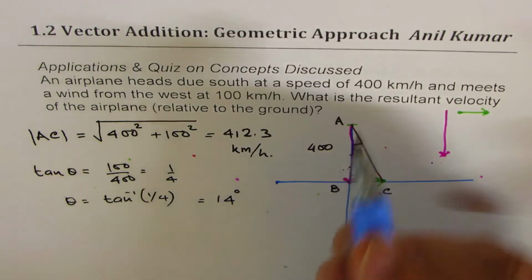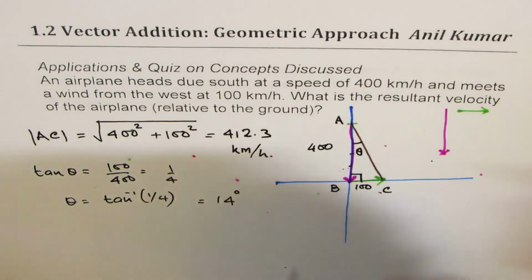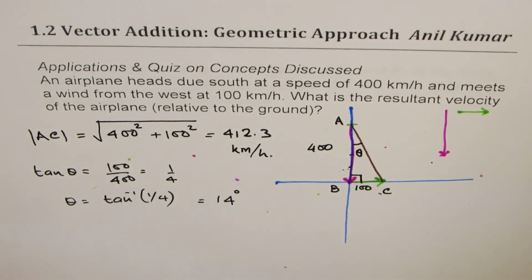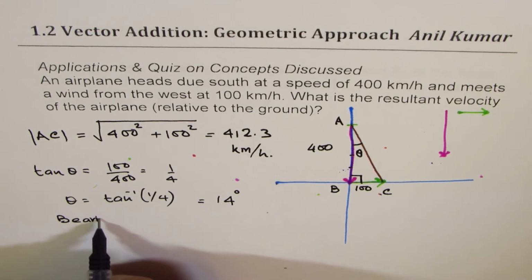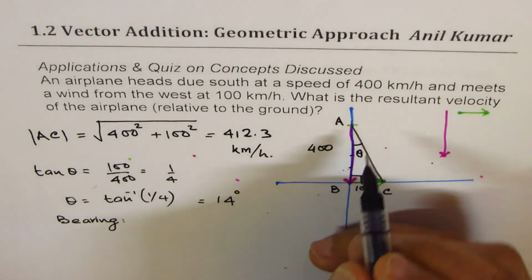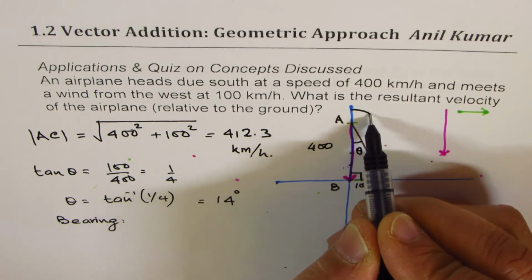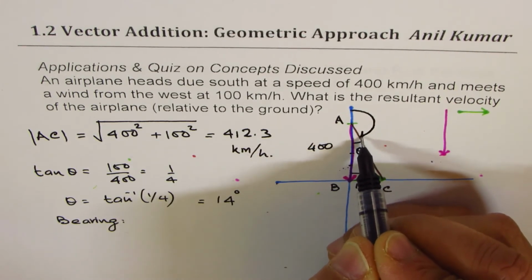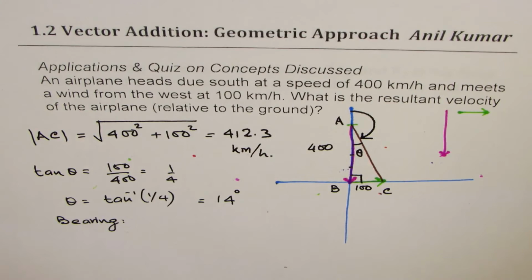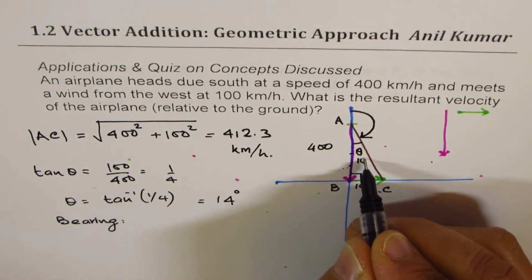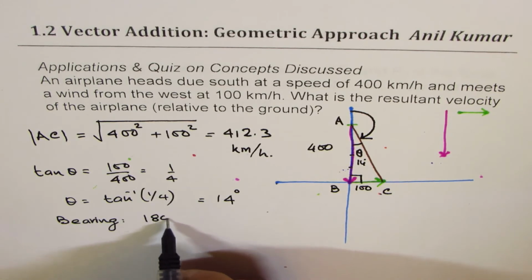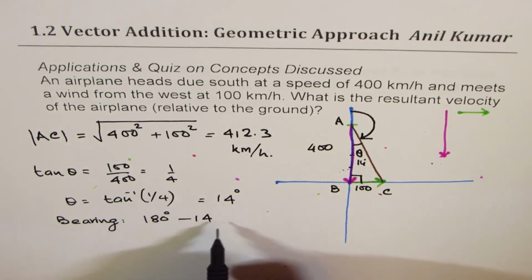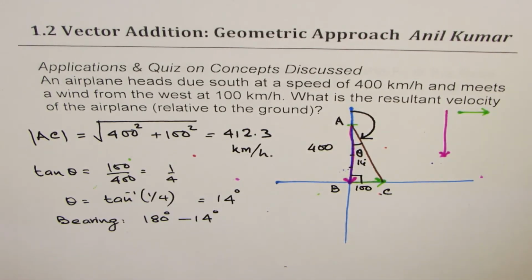Now in vectors, this angle could be given in different ways. We prefer to write bearing angle. Bearing angle is always measured from north, so we have to give that angle. We know this is 14 degrees, right? So how much is that? So bearing angle is 180 degrees minus 14 degrees. Correct?